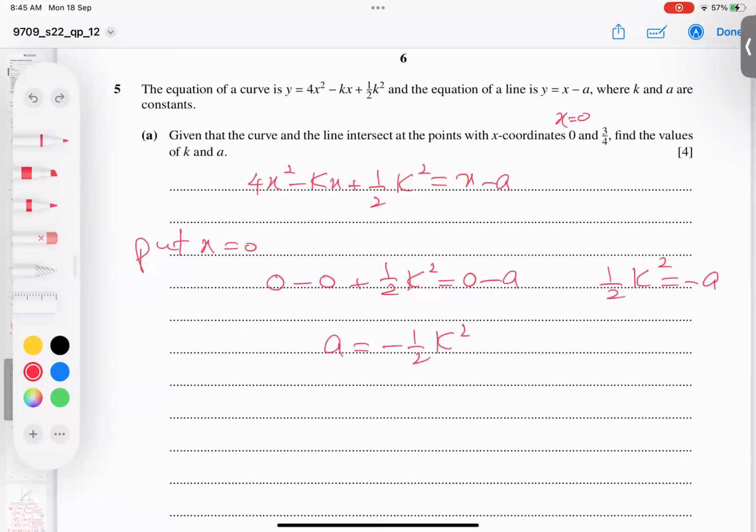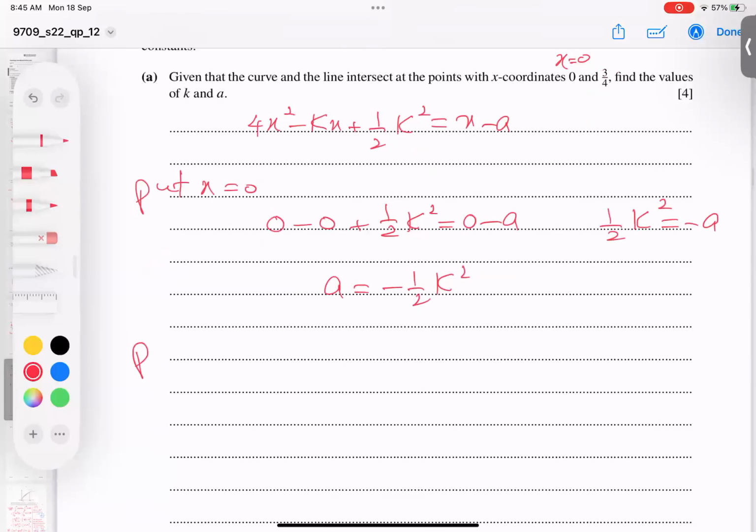Okay, this is one part done. Now same process, I will plug in 3 by 4. So put x value 3 by 4. When I plug in 3 by 4 here, let's try 4 times (3 over 4) to the power 2, and k times 3 over 4, and plus half k square, 3 over 4 minus a.